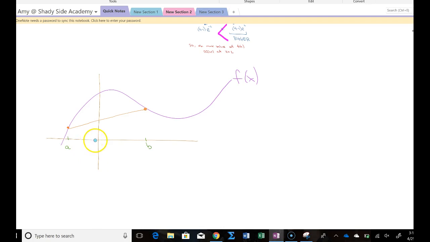That point is referred to often as C. There must be at least one point C between a to b, such that the line tangent to the function is parallel to the line secant to the function. And when I look at my drawing, it's not great because see where this point is. But you get the point, okay?